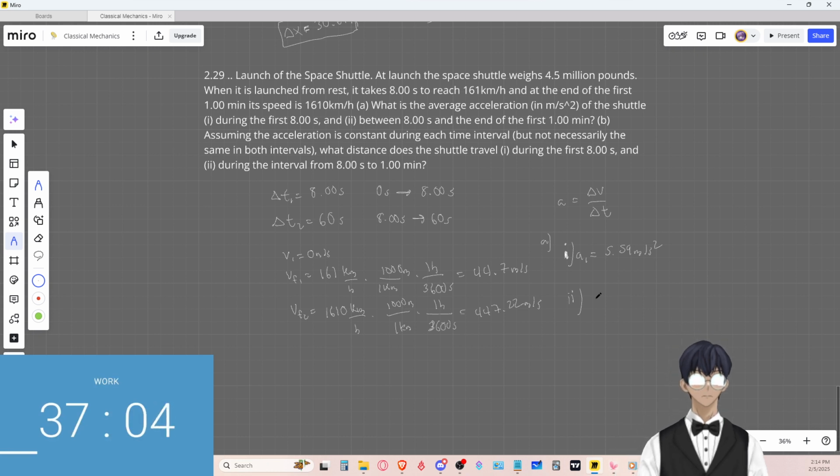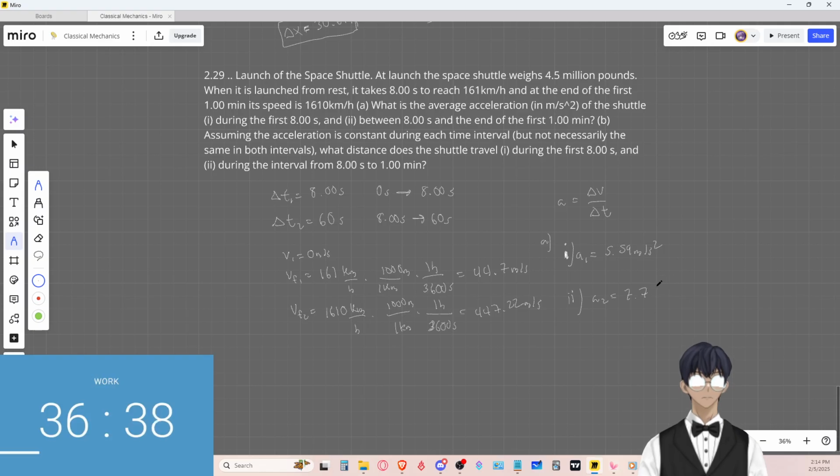And now we have to take the difference between the velocities, I mean. So we have to take the difference between these two, and then divide that by 60 seconds minus 8 seconds, which results in acceleration 2.